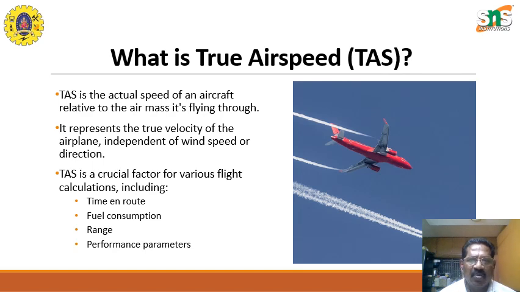It represents the true velocity of the airplane, independent of the wind speed or direction. TAS is the crucial factor for various flight calculations, including the time to reach, time en route, fuel consumption, range, and performance parameters. All these things are dependent on this.